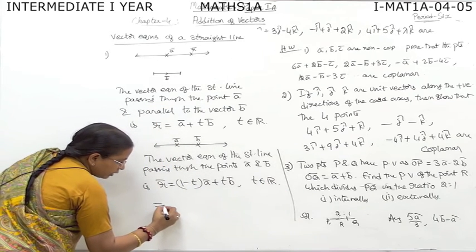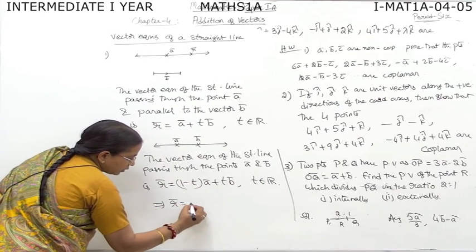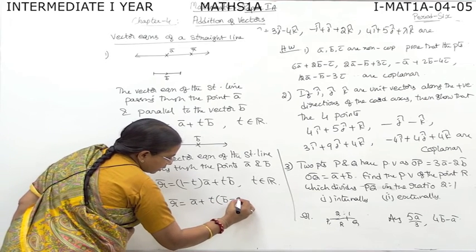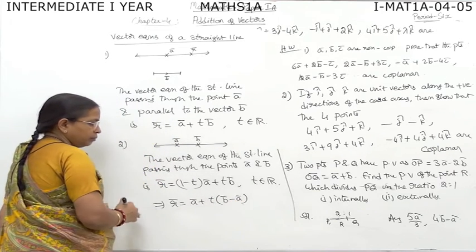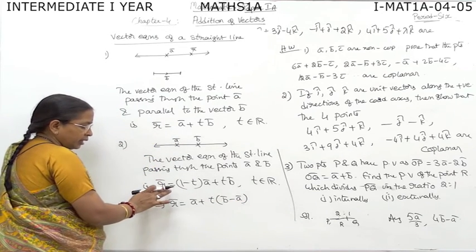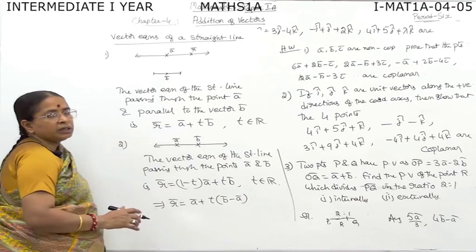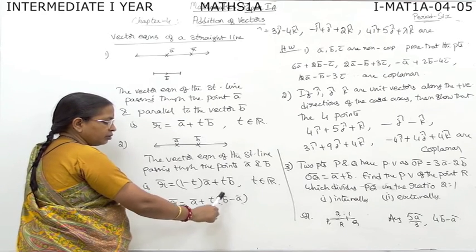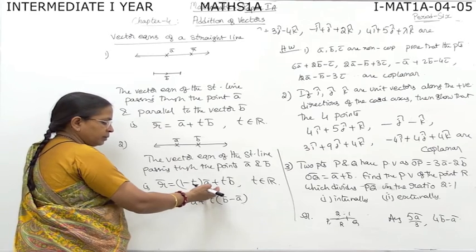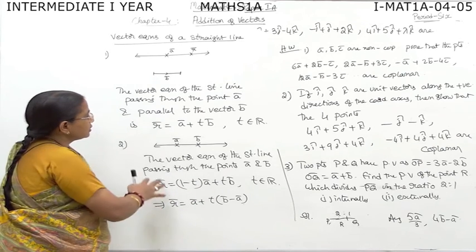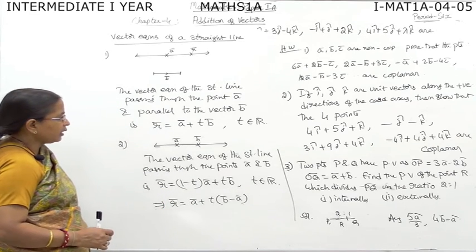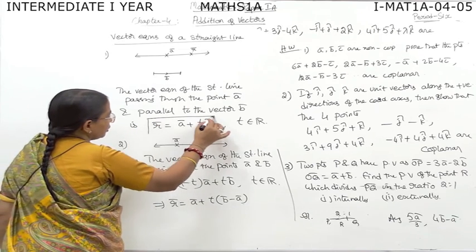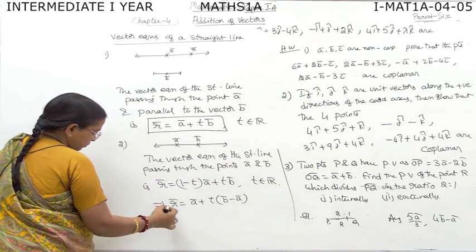You can also write this as r = a + t(b - a). You can write either this form or this form. In some problems we need the form a + t(b - a); in some problems we can directly use the other. So this is all about the vector equations of a straight line. Learn these two by heart. We'll continue in the next period.